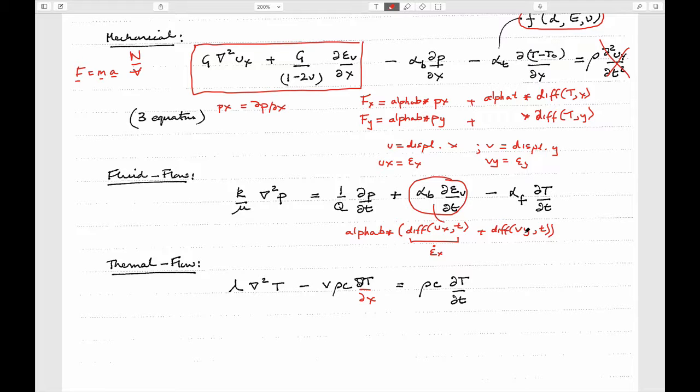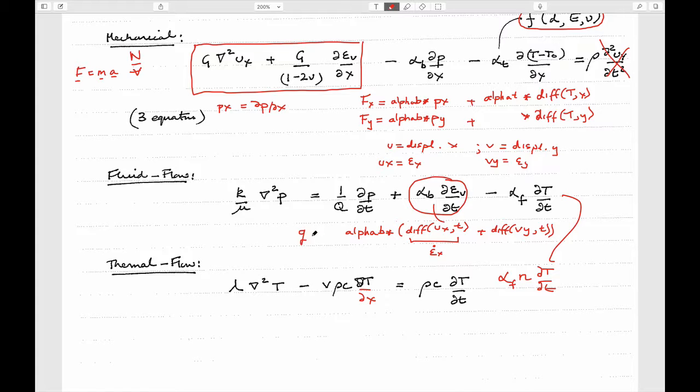And it would be the same as before. This would be the coefficient of thermal expansion. So I could imagine that the term here would be something like the coefficient of thermal expansion of the fluid, times, I think it would be the porosity, right? Because it's only in the pore space, and multiplied by dT/dt. And so in COMSOL speak, this would be something like a flux.